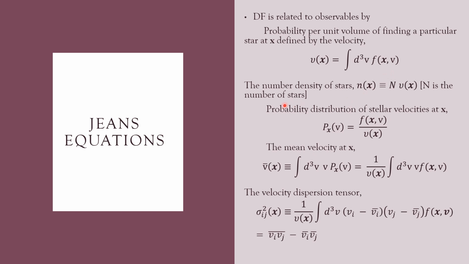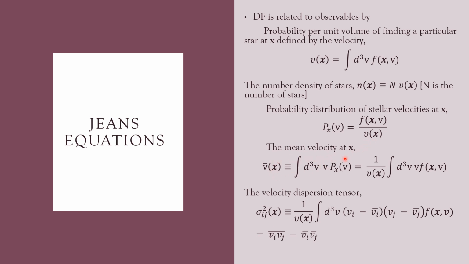The number density of stars is defined as the product of the number of stars and the probability per unit volume. The probability distribution of stellar velocities at position x, denoted as p(x, v), is calculated as the ratio of the distribution function to the probability per unit volume.